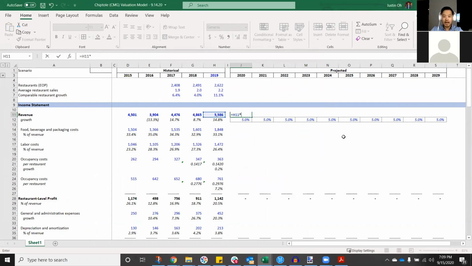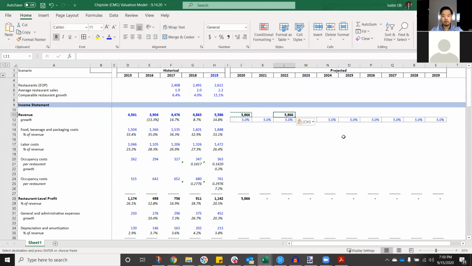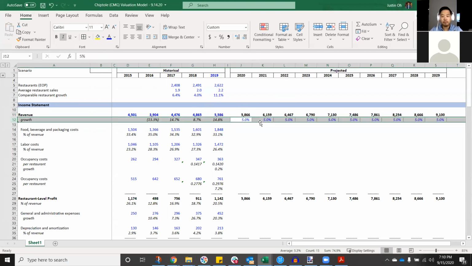So equals the last year's times 1 plus the growth rate. And then obviously you got to change the formula for the last one, and then you copy that. Control R, that's what I'm doing. Okay, so that's percent revenue growth.